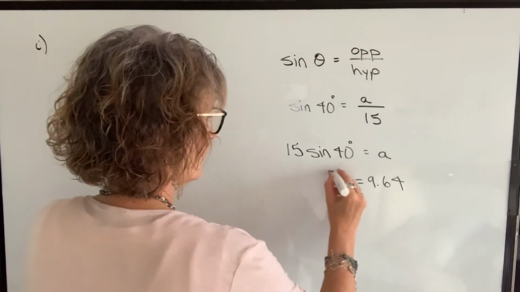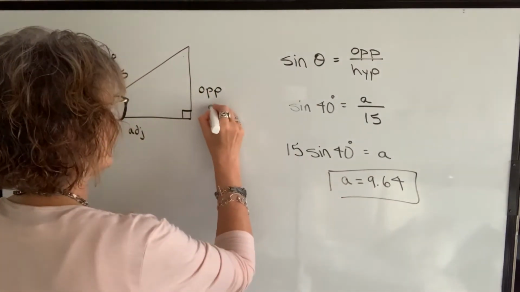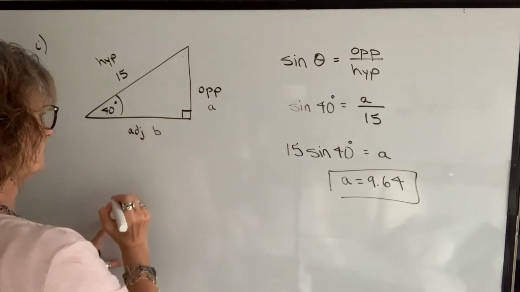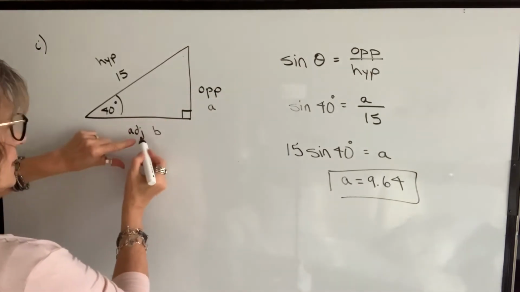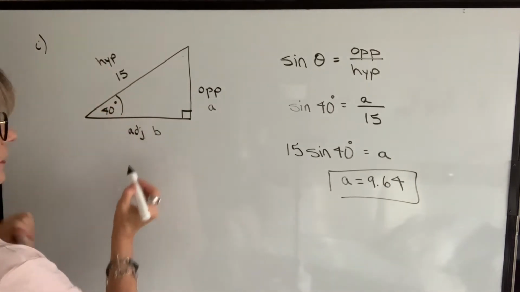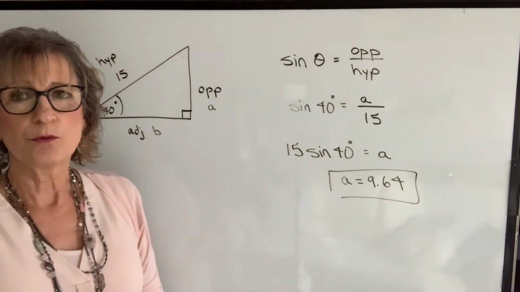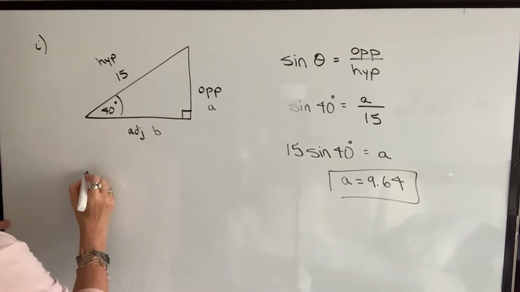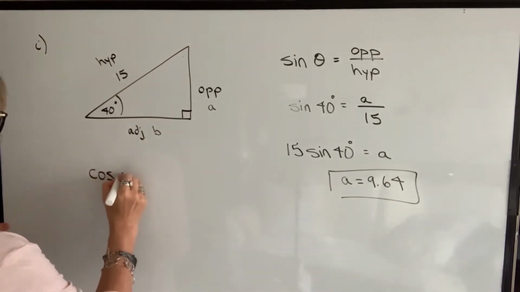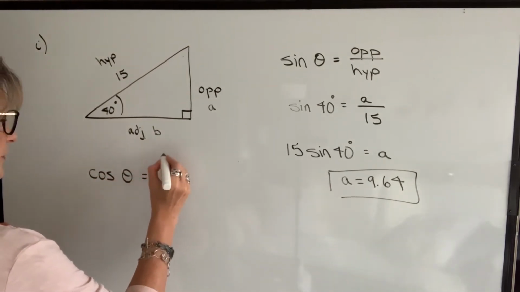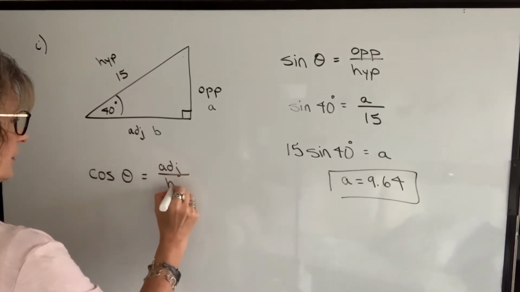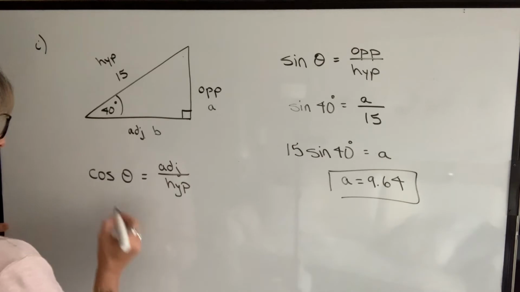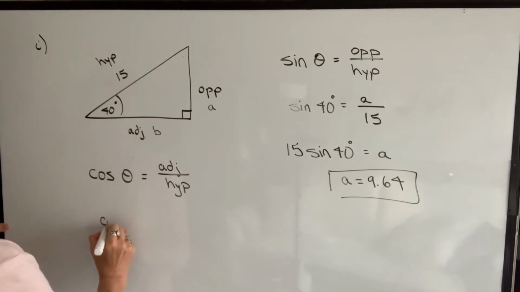So this we called A, this one we'll call B. To find B, I'm using the adjacent side and the hypotenuse. So the trig function that uses those is the cosine. So we know cosine of an angle is equal to the ratio of the side adjacent to the angle to the hypotenuse. So I plug in what I know.